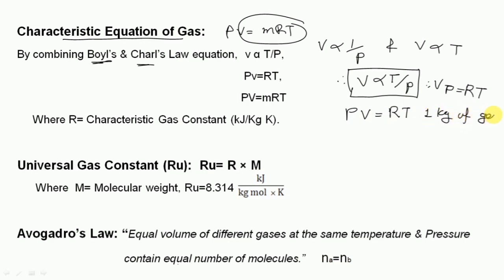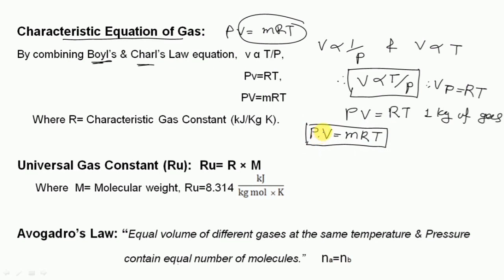If we consider m mass of the gas, then we can write P into capital V, which is the total volume. Here small v is the specific volume, the volume of 1 kg, is equal to m into R into T. And this equation is called the gas characteristic equation.